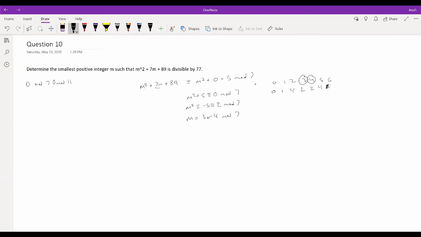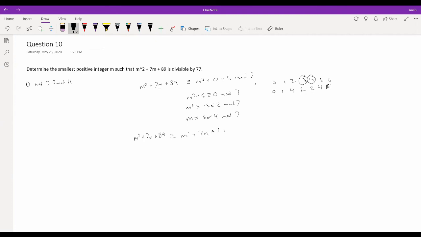Now let's consider mod 11. We have the same quadratic, m squared plus 7m plus 89. And we want to find this mod 11. Well, we can rewrite this as m squared plus 7m, and you could change this all the way down to plus 1.